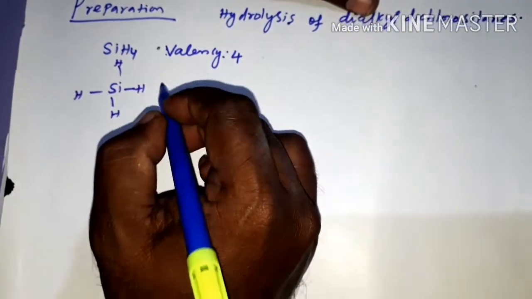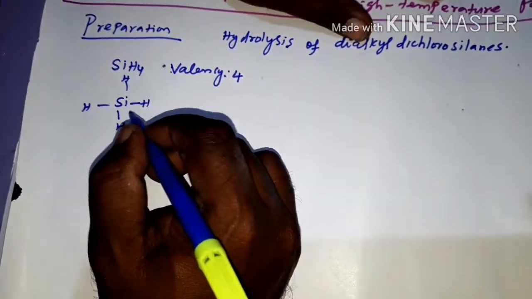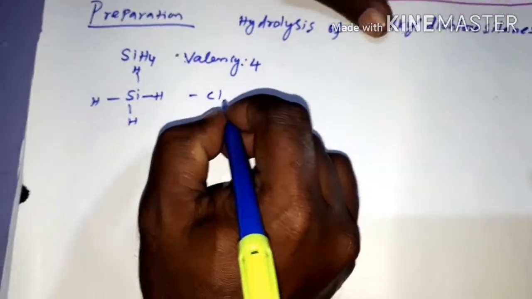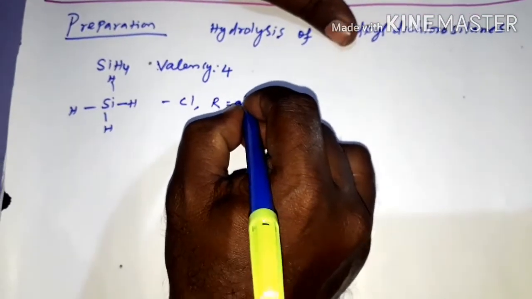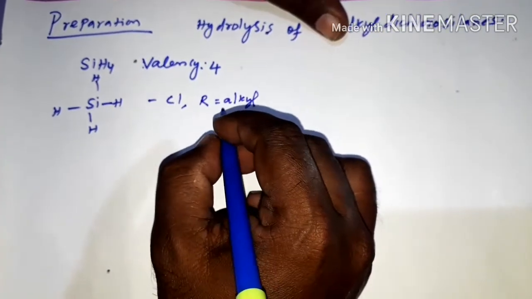So what will happen if all or any of the hydrogen atoms are replaced by either chlorine or an alkyl group, which we represent by R? Alkyl generally means a hydrocarbon group.